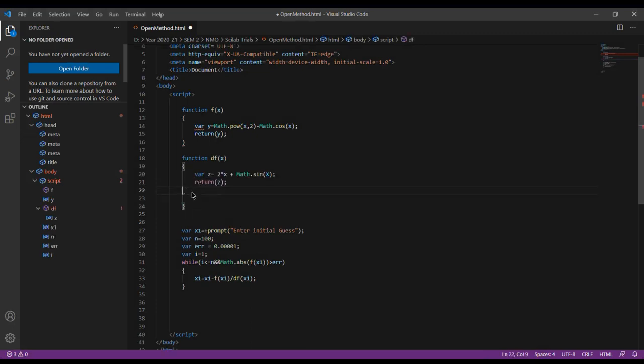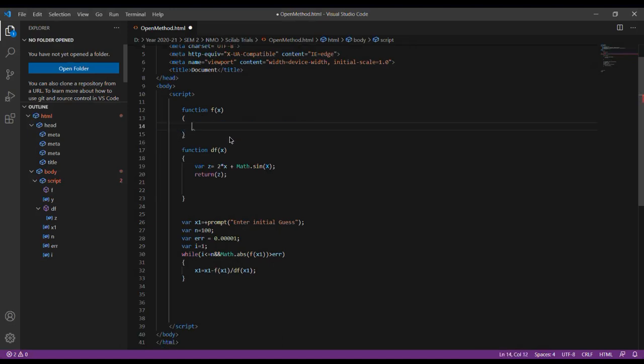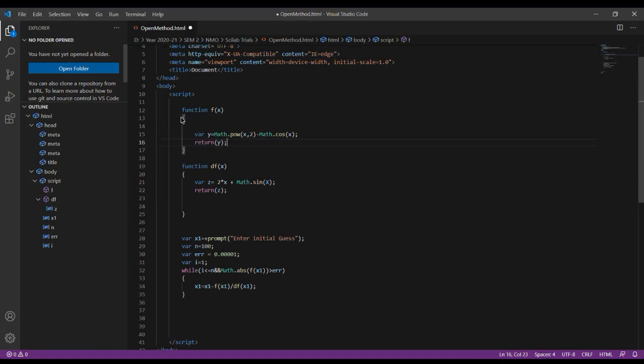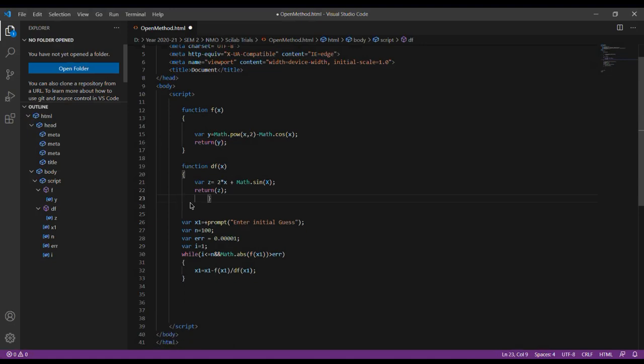You delete one, and you delete that round bracket, the remaining one on line number 22. Great. Similarly, go above. Good. Okay. Fine. So you can hit save, Control S button.